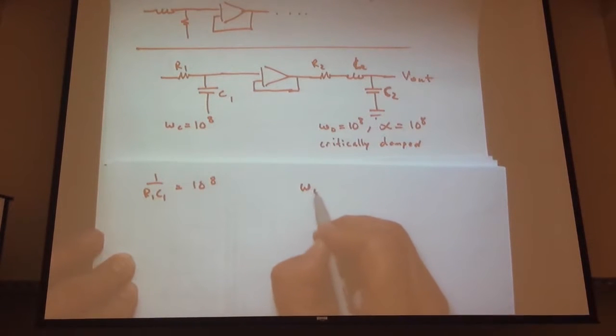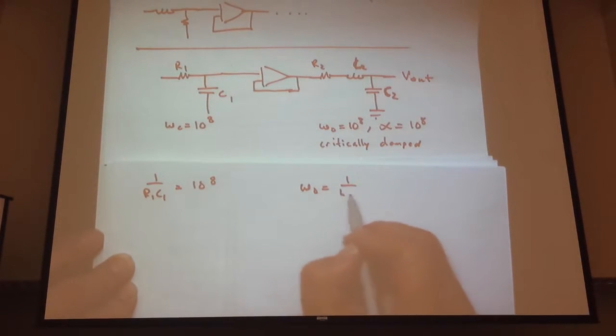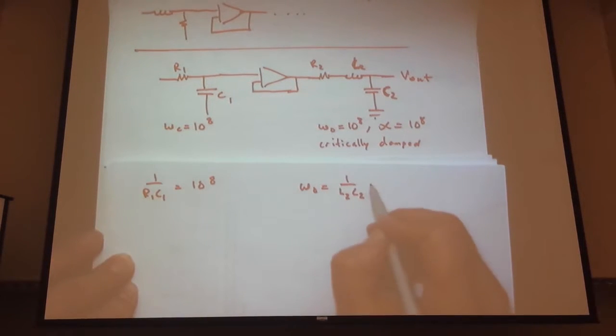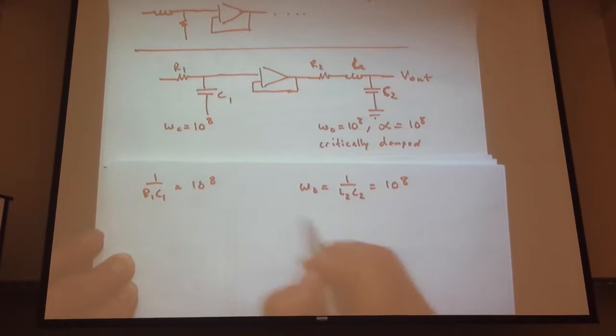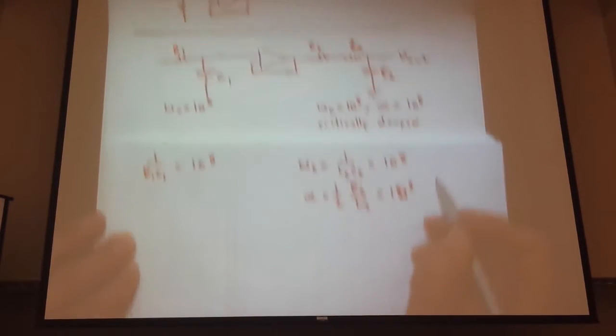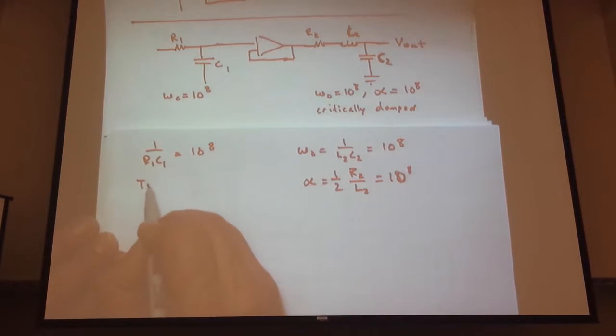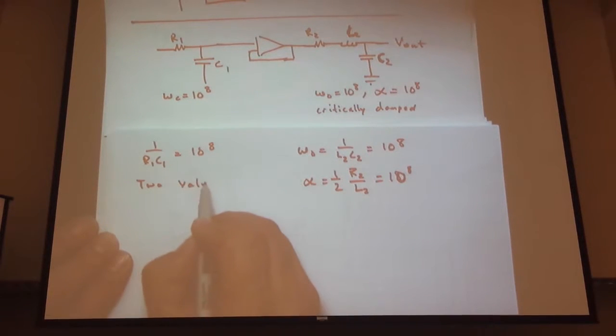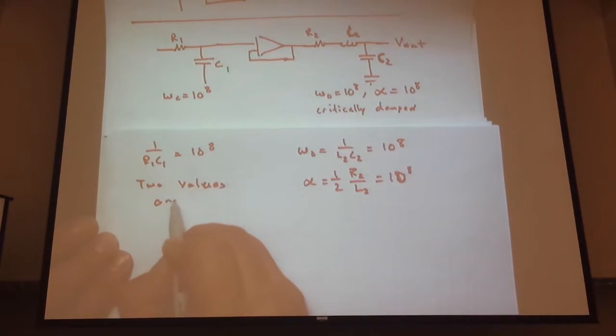Here we have omega naught equals 1 over the square root of L2 C2 equals 10 to the 8, and alpha equals R2 over 2 L2 equals 10 to the 8. Two values, one equation. Pick one value.